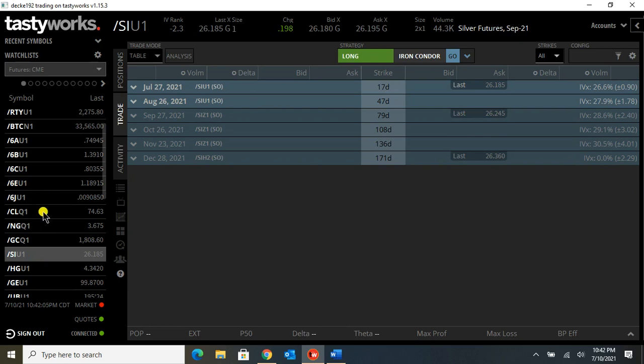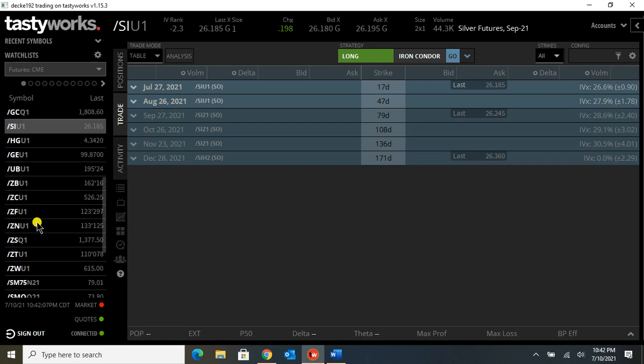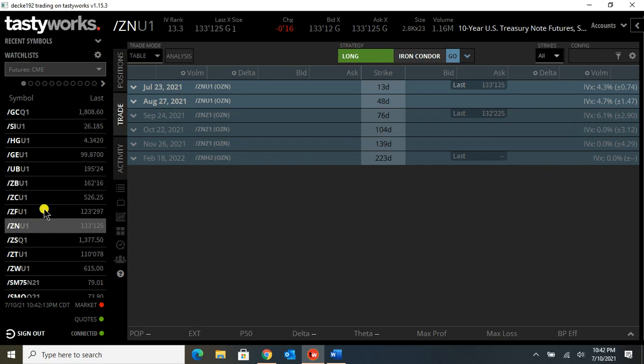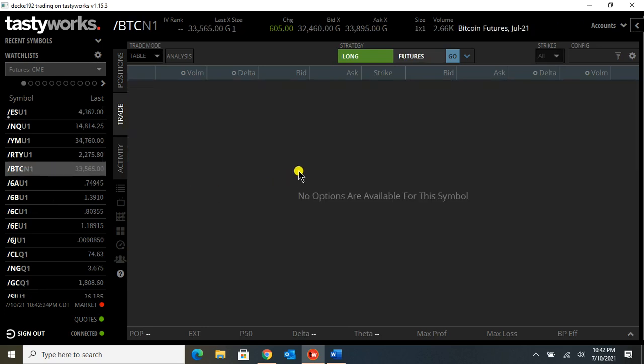Treasuries such as bonds and notes, which are /ZB and /ZN. There's also agriculture products such as beans and corn, and there's even a CME Bitcoin future, which is pretty cool. This is relatively new. It's 5 coins per contract.